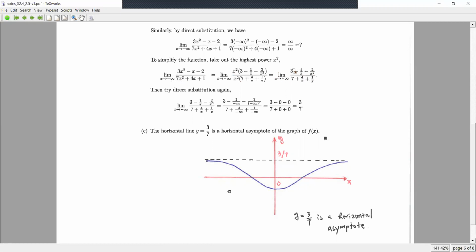So this limit is this number. This number is 3 over 7. So as x approaches negative infinity, the function approaches 3 over 7. Namely, this infinity over this infinity is 3 over 7.